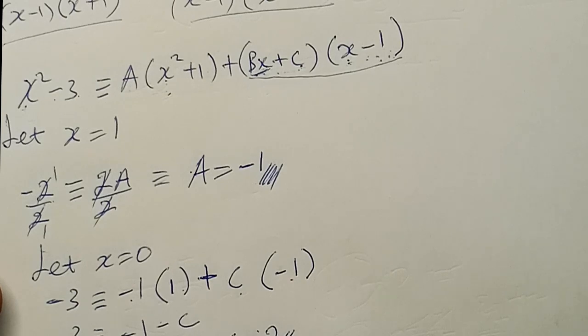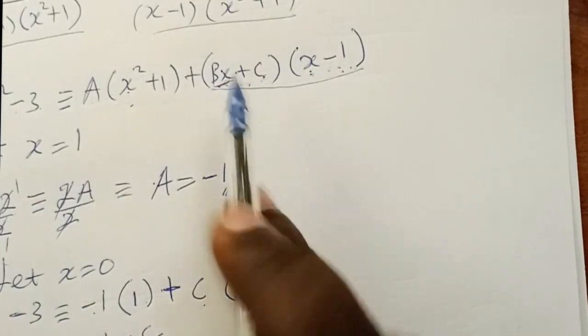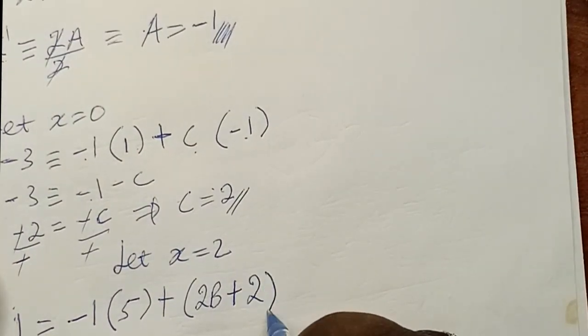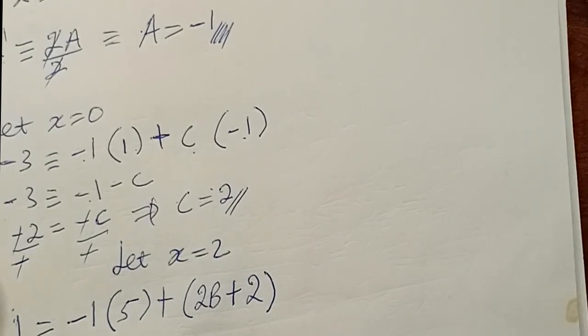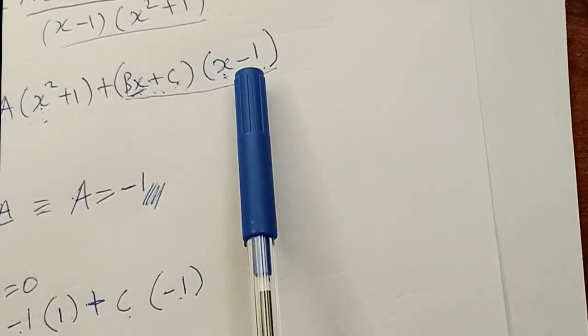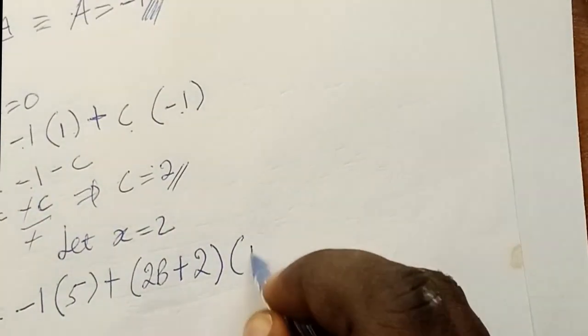Plus we have bx. The x is 2, so 2 times b is going to give us 2b. Plus we already know the value of c, which is 2, so we say plus 2 based on this expression. Then, of course, we need to multiply by x minus 1. That is 2 minus 1, which is 1. So we have 1 here.